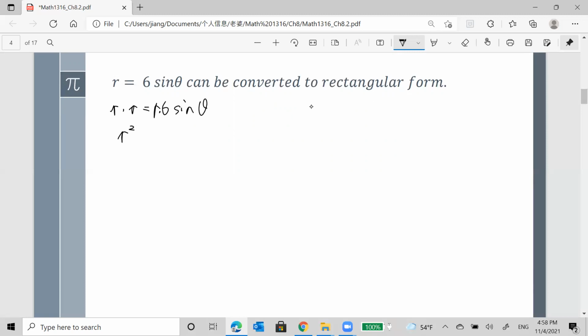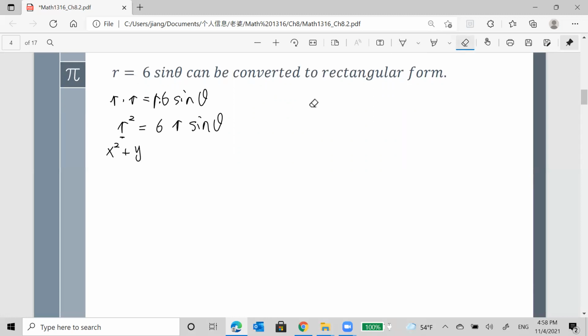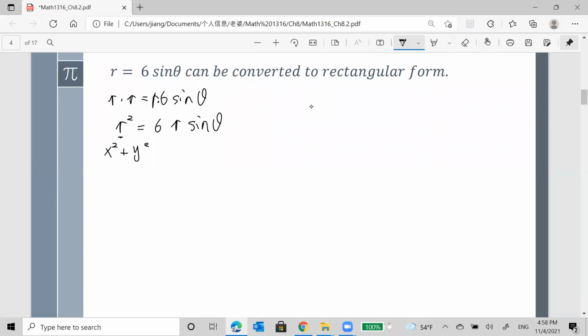So r squared equals 6 times r sine theta. Do you remember r squared is x squared plus y squared? And then 6 times r times sine theta, that's y, equals 6y.